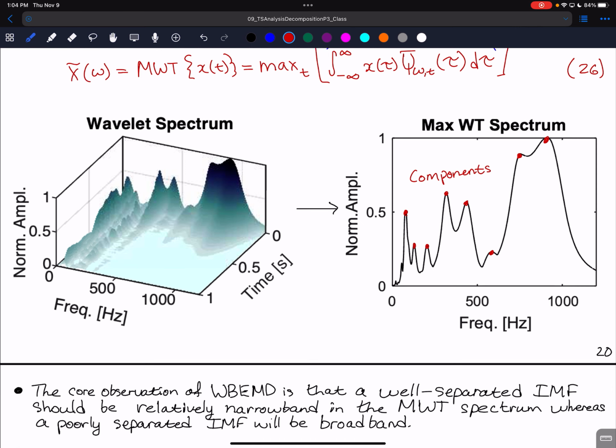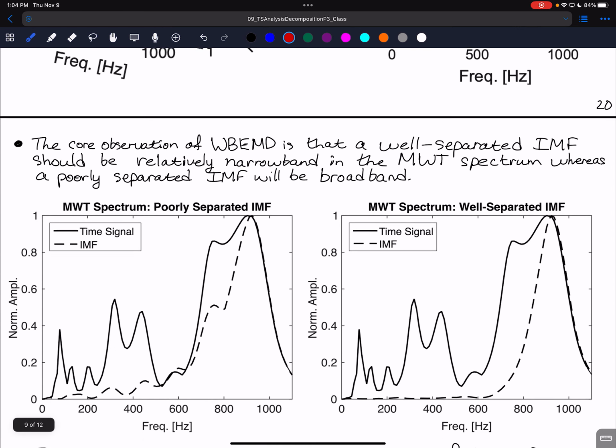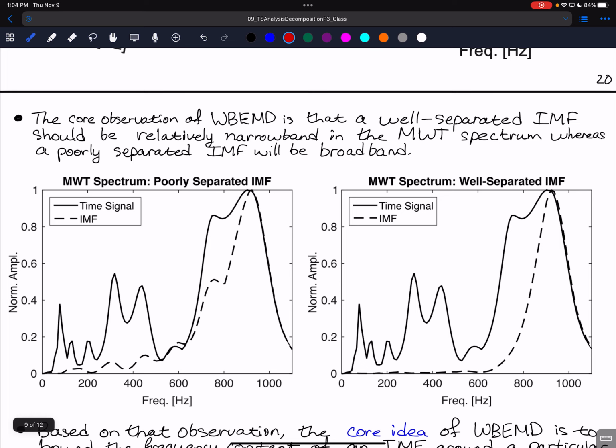Okay, so the core observation of the wavelet-bounded EMD is that a well-separated IMF is going to have relatively narrow-band content in this MWT spectrum, whereas a poorly separated IMF will be broadband, meaning it will have many components and a wide band. Here you can see the MWT for a poorly separated IMF as well as a well-separated IMF on the right.